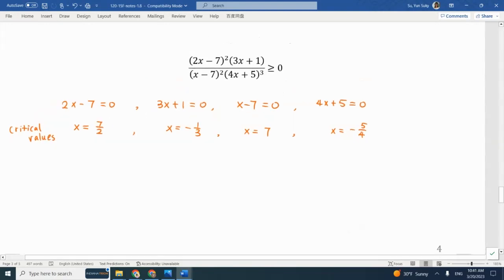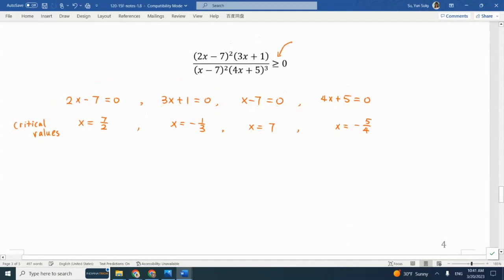All right. So here is greater or equal. So you want to put solid circle, right? For the numerator, it could be 0, so you put solid circle. But for the denominator, can your denominator be 0? No. So for your denominator, we put open circle.